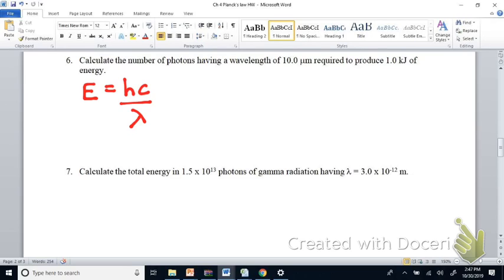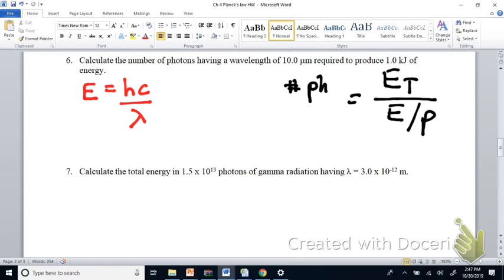And just in terms of strategy, I'm going to have the total energy. I will divide that by the energy per photon, and this will give me the number of photons. That's the strategy.